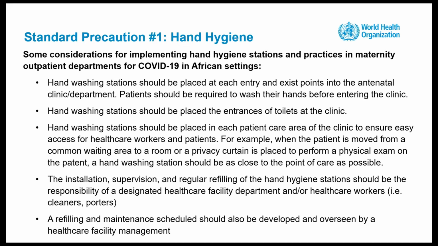We want to make sure that we have a hand washing station as close to the point of care as possible, particularly so health workers can utilize those stations while they're conducting examinations.